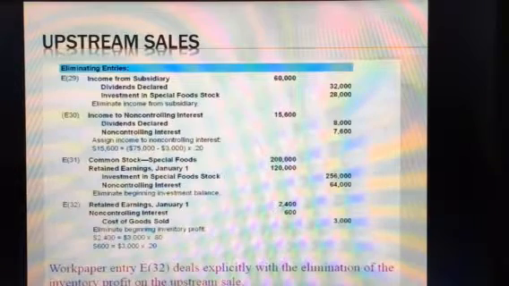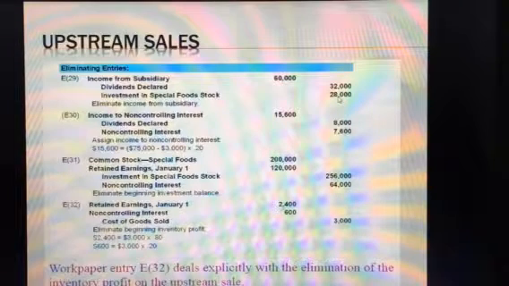As we explained in the past, we can see in this practical income from subsidiary 60,000 to dividends declared 32,000, and the difference will be investment in Special Foods stock 28,000. Also income to non-controlling interest 15,600, and the credit is dividends declared 8,000, and the difference will be non-controlling interest, which is 7,600.